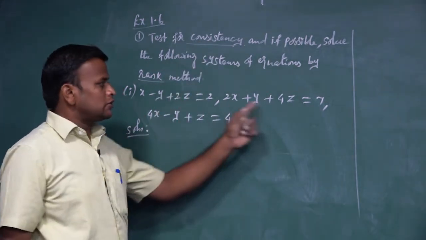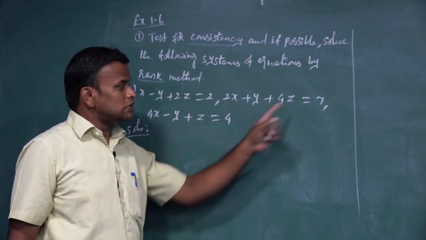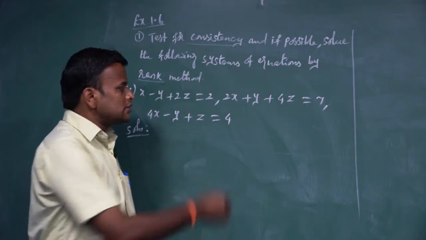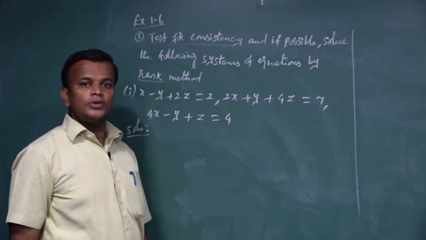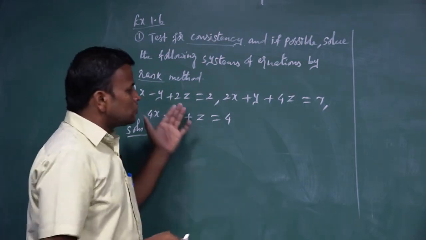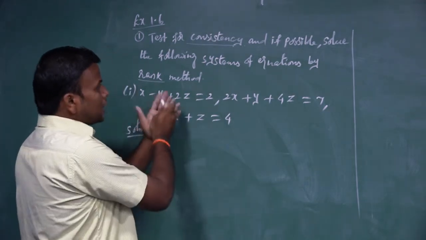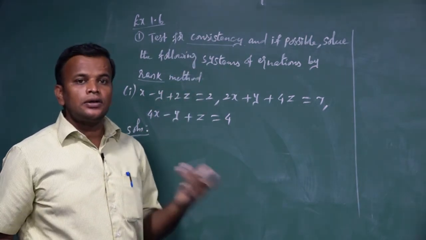So given system of equations, there will be 3 equations. Now I say this system of equations is called non-homogeneous because RHS all contain values 2, 7, 4. Now we solve the non-homogeneous system of equations.